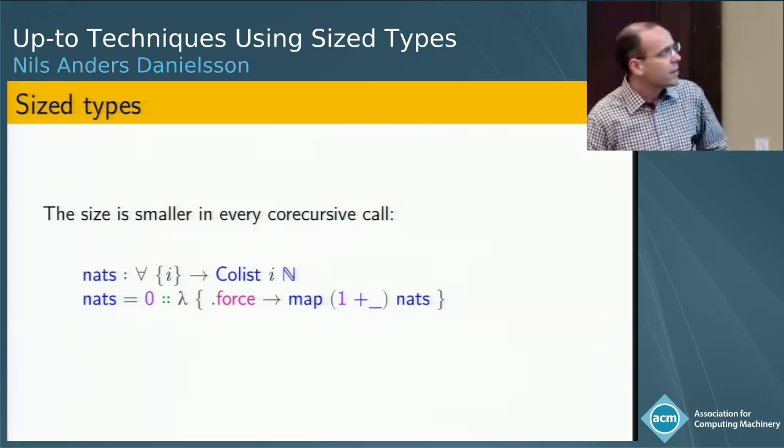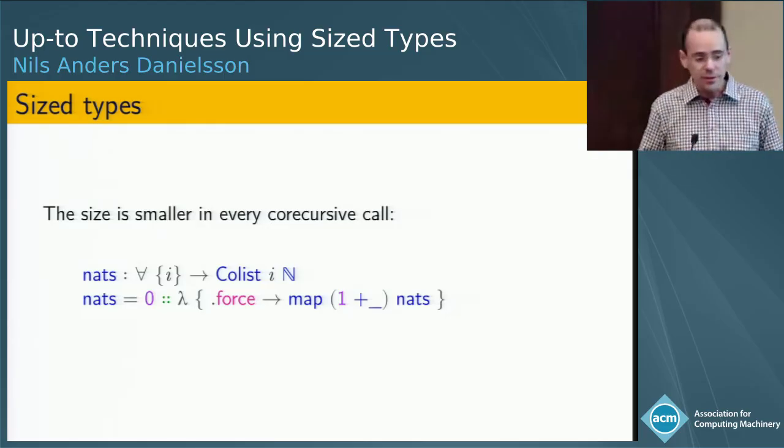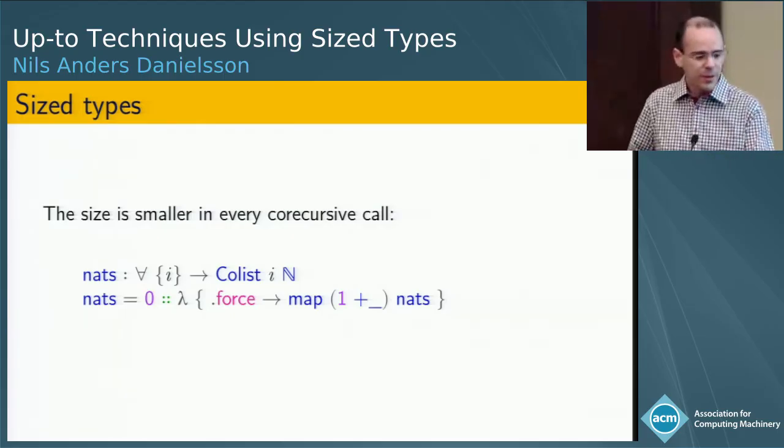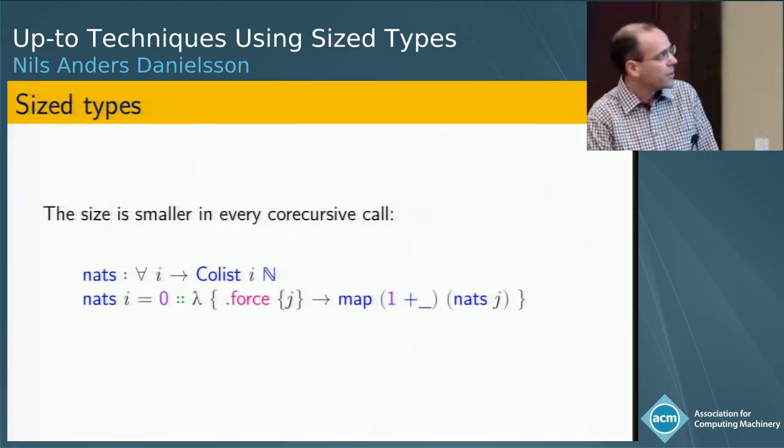If we look at the nats definition now, we can keep exactly the same code as before, just change the type signature. Now this definition is accepted. And why is it accepted? Well, let's expand the definition to see what the sizes are. We should define a co-list of size I here.